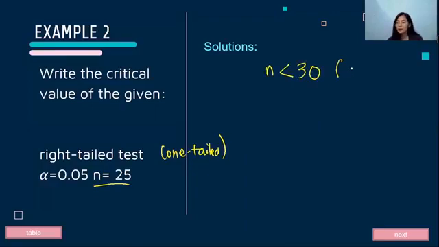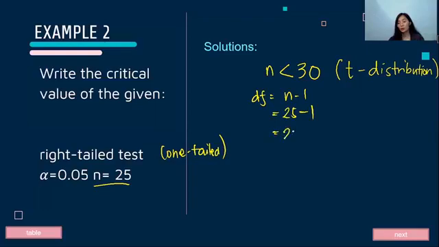It indicates that we're going to use the t distribution table. For us to find the critical value using this distribution, we need to find first the degrees of freedom, which is n minus 1. Our n here is 25 minus 1, equal to 24. So take note of that. Our degrees of freedom is 24 with an alpha equal to 0.05, and we have one tail here.